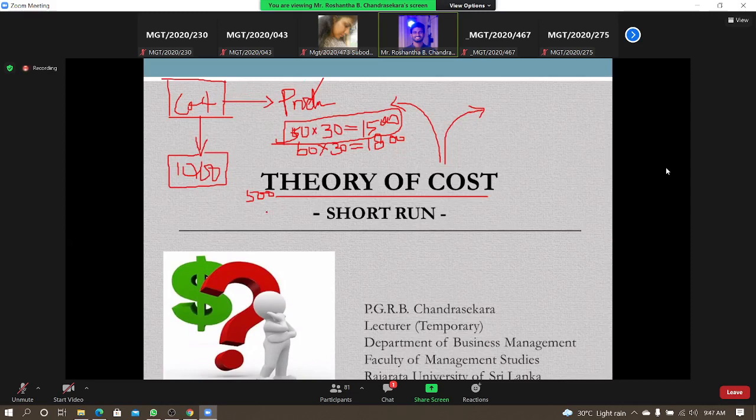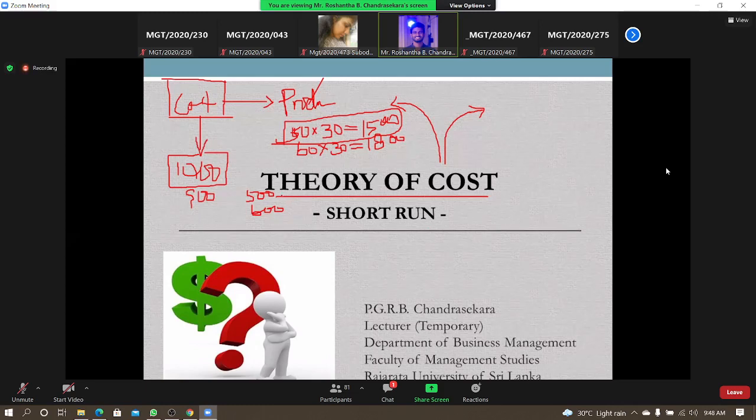So now 500, 1,500 subtract 1,000. So now you decrease your cost to 900. What will be your profit? 600. Profit 600, right? So these two different approaches can be taken by the producer, right, Lamai?